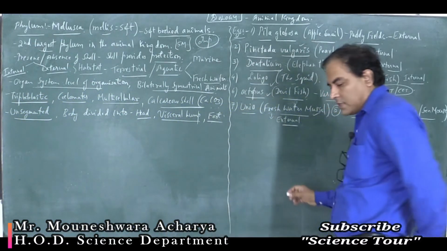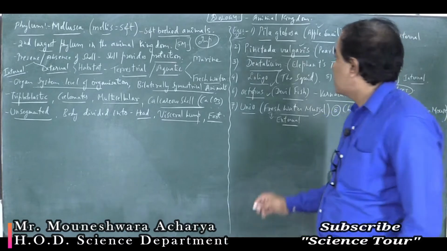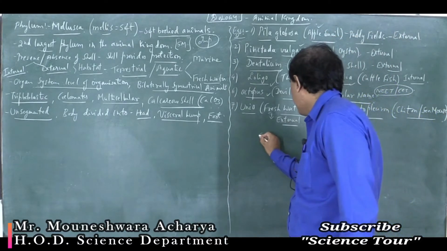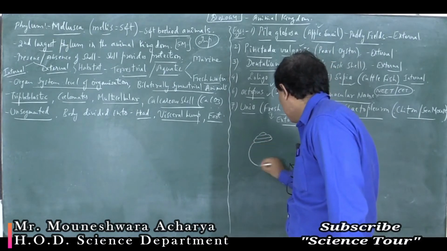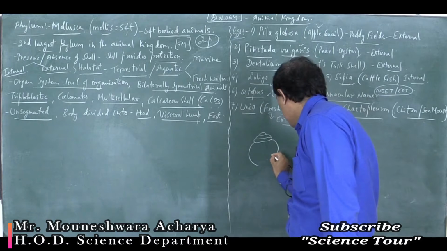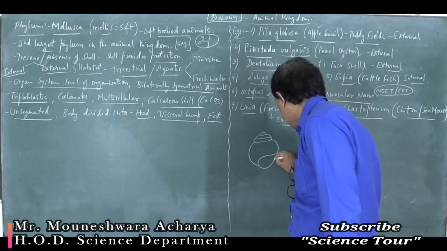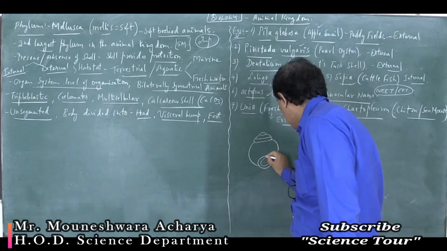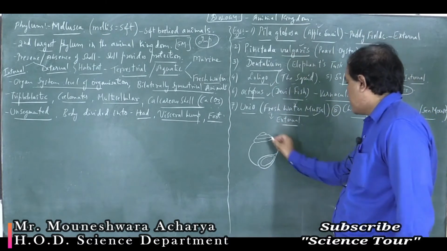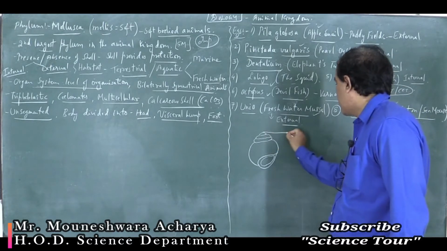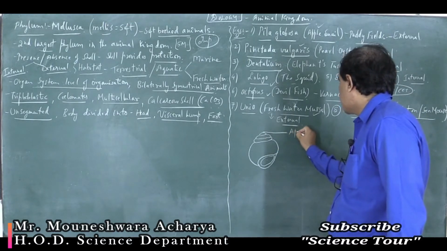Let me draw the diagram of your Pila. You may also take down this diagram. Now if you see the Pila, the topmost tip portion, it is called the apex.